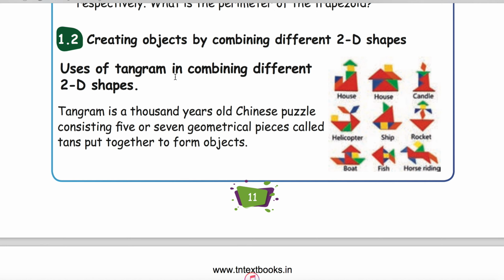Uses of tangram in combining different 2D shapes. An old Chinese puzzle consisting of 5 or 7 geometrical pieces called tans put together to form objects.